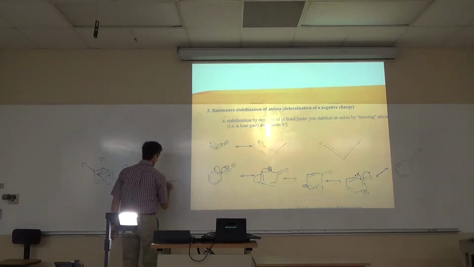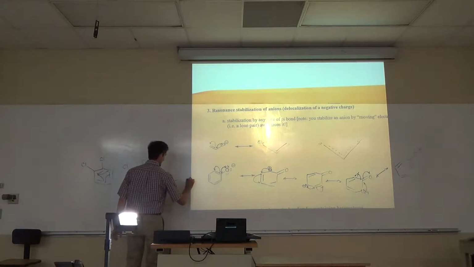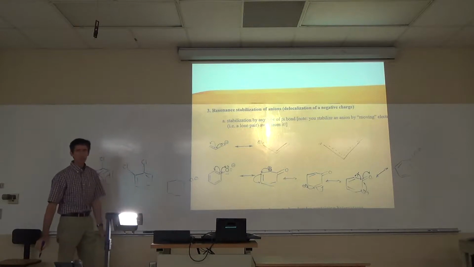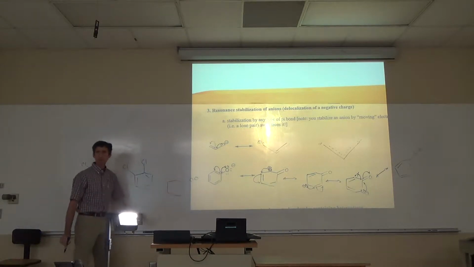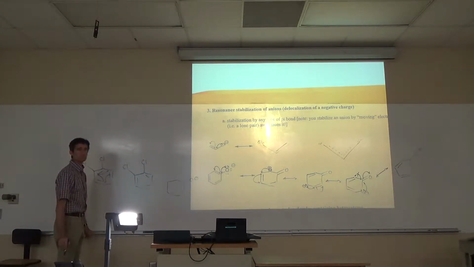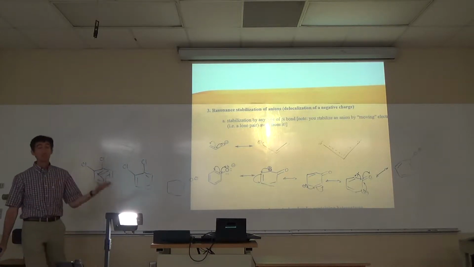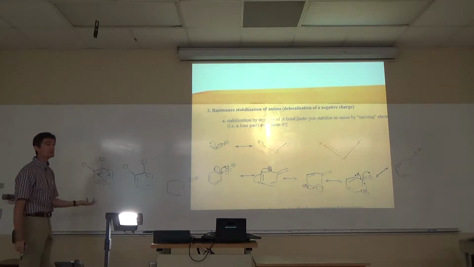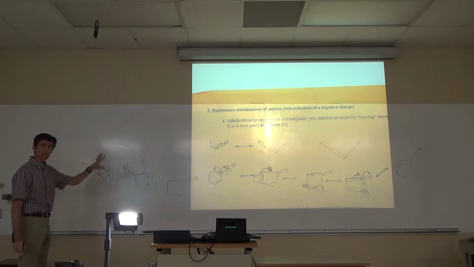If we had this anion on the other hand, with no pi bonds in the ring, can you do any resonance here? There's no p orbital in the entire compound. The answer is no, you cannot do any resonance here. That's an isolated anion.